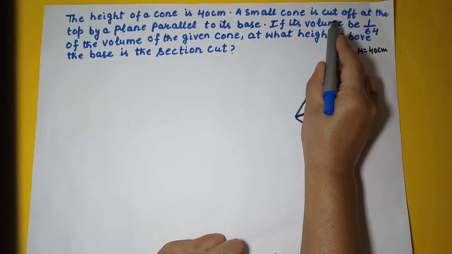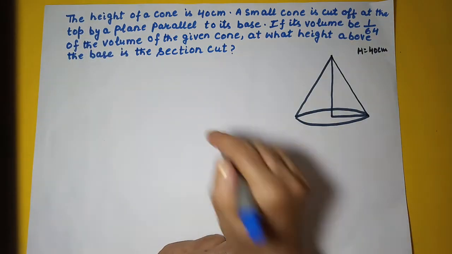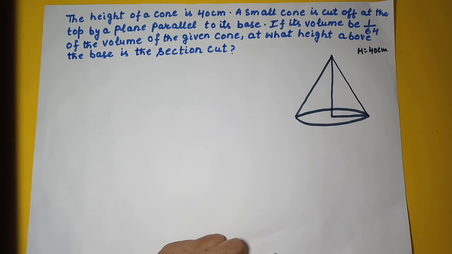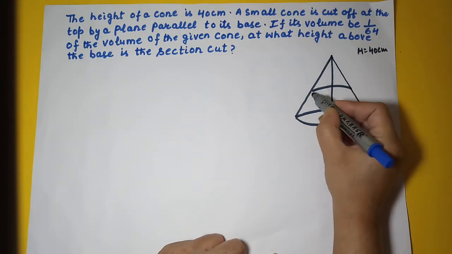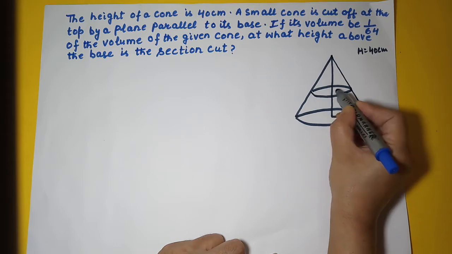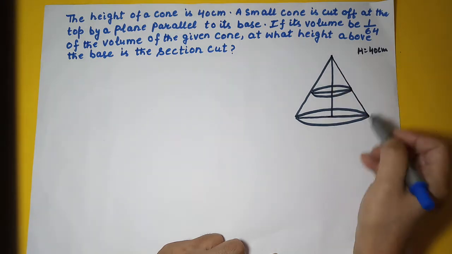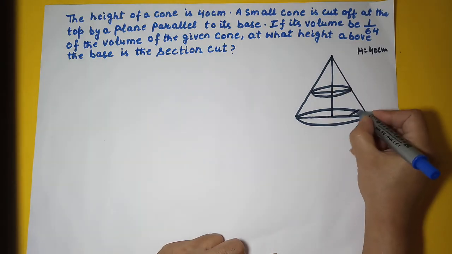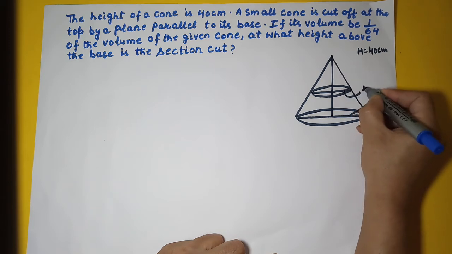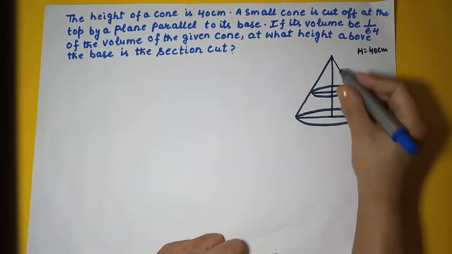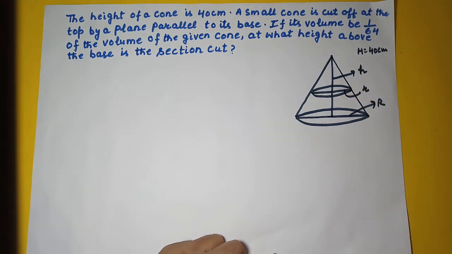A small cone is cut off at the top by a plane parallel to its base. So there is a small cone which is cut off from the top and the base is parallel to the given cone, right? So let the radius of the big cone be R and the radius of the small cone be small r, and the height of this cone be small h, right?